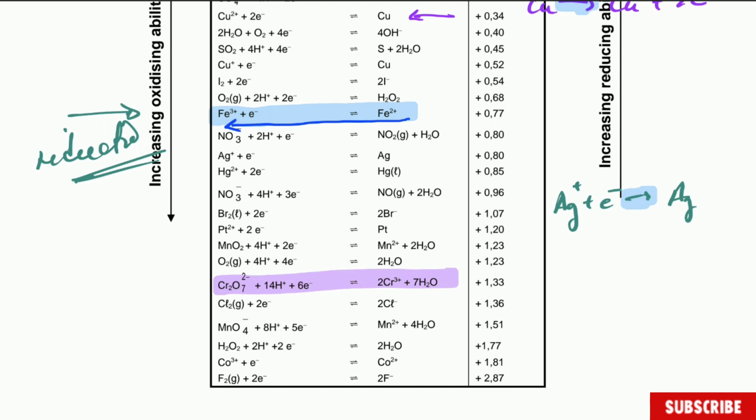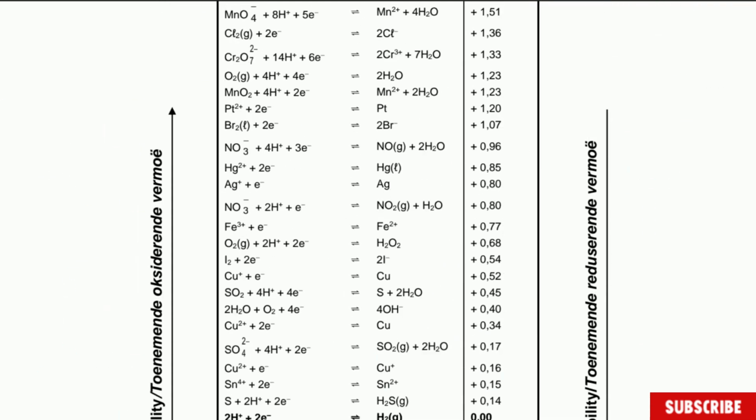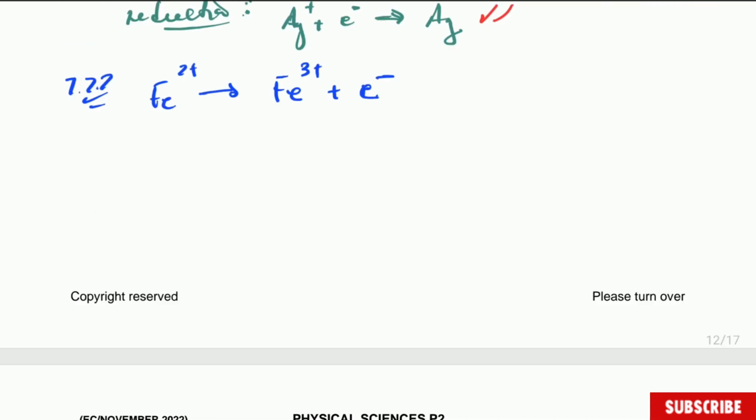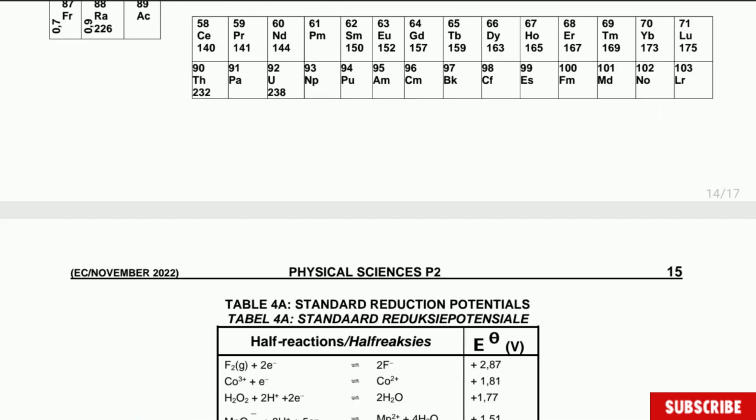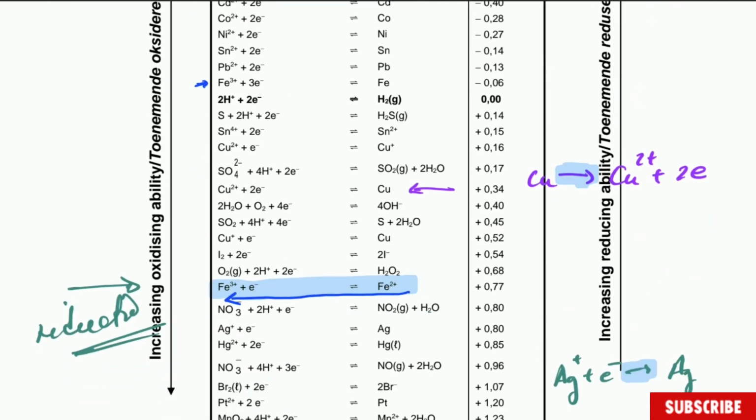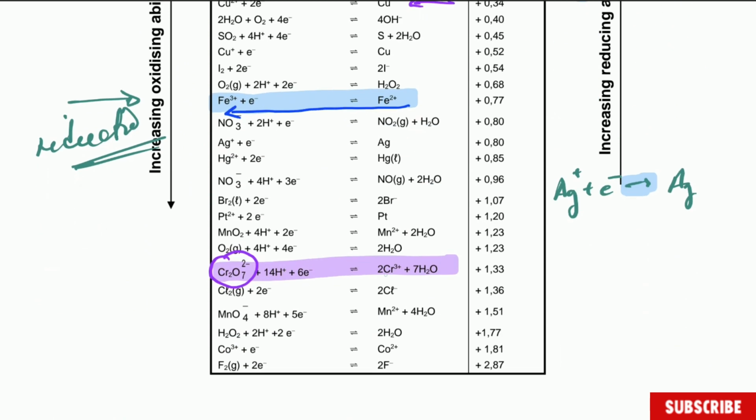You can see on one side the Cr2O7 2-, like it is here. On one side is the Cr2O7 2-, that is what I'm looking for. And on the other side you can see the Cr3+. That is what I'm looking for. But now we are going to write this equation because it's reduction in that direction.